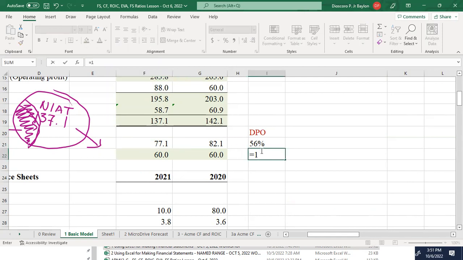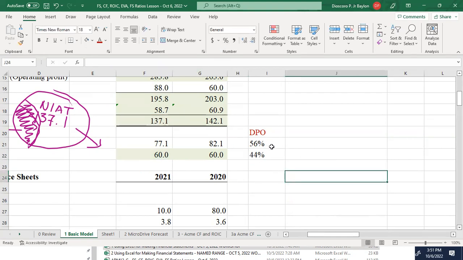So let's just get also the ratio, this one divided by this one. That's around 44%, rounded off.